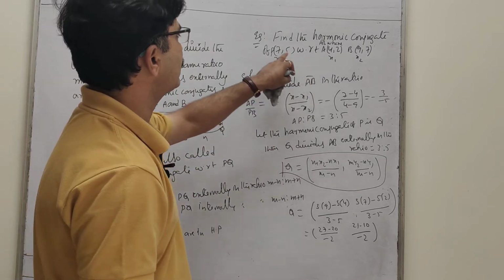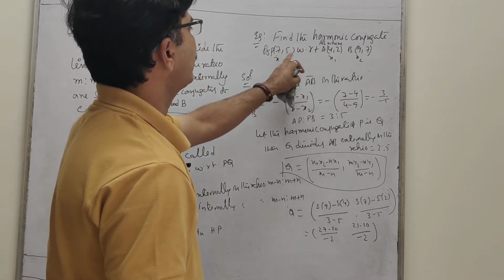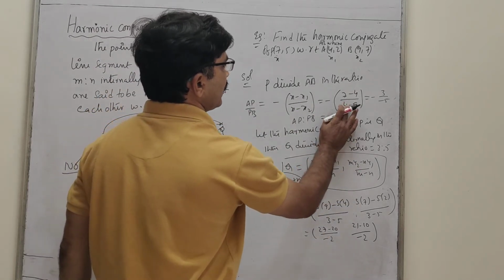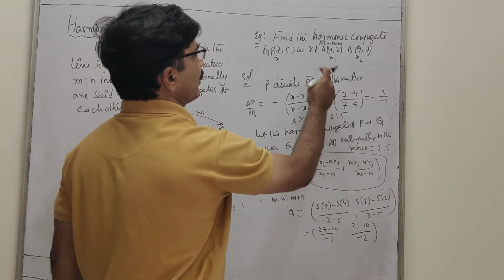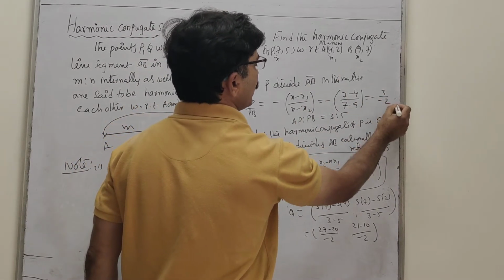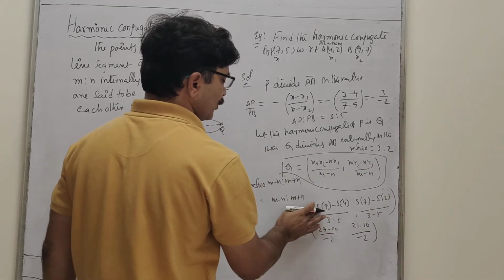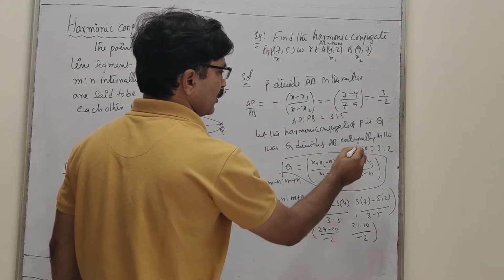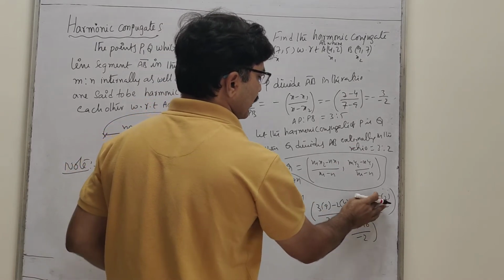The ratio is 7 minus 4 by 7 minus... sorry guys, here it is 7 minus 4 by 7 minus 9. So we will get 2. This is 5:2. 3 is correct, and this is 2.